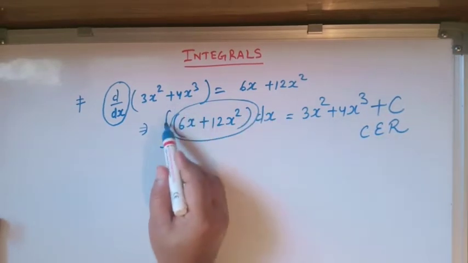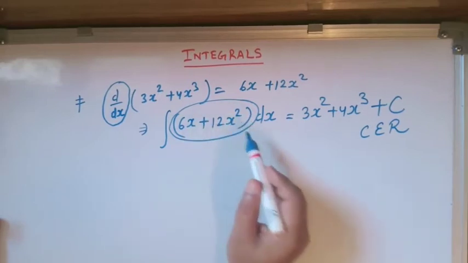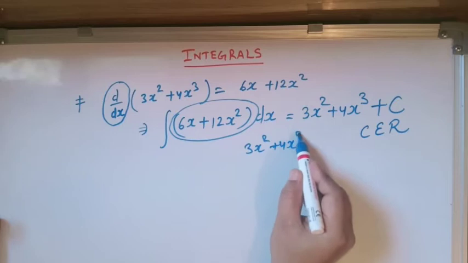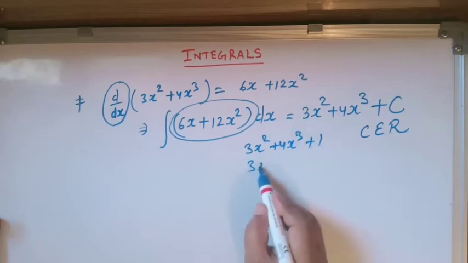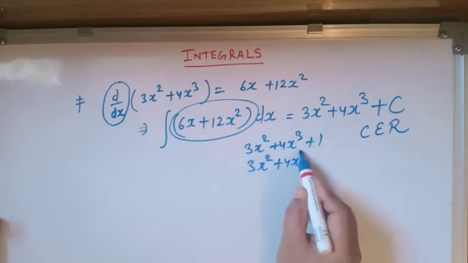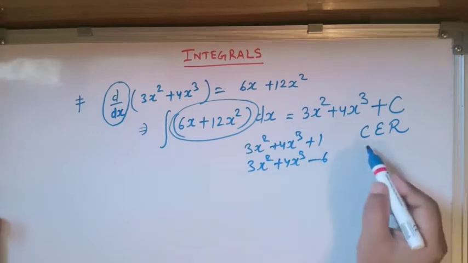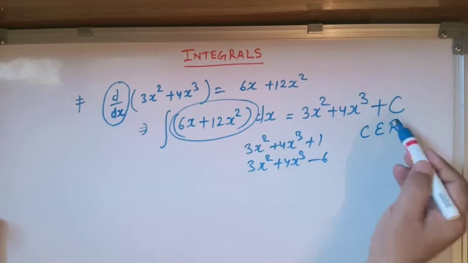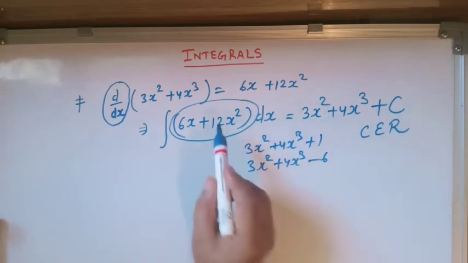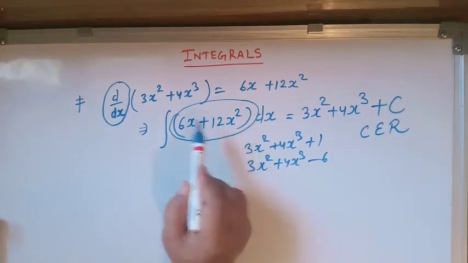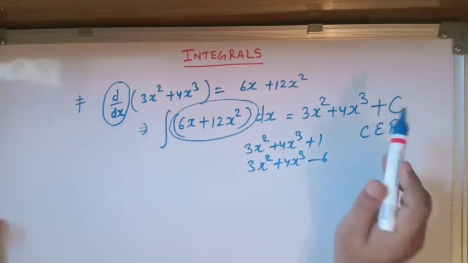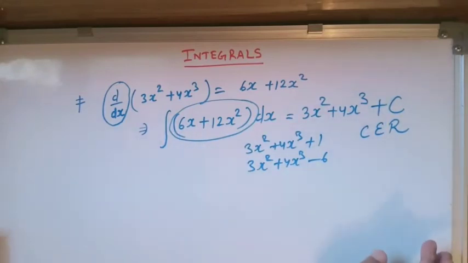So the integral of this may be 3x square plus 4x cube plus 1, or 3x square plus 4x cube minus 6, and so on, and it depends on the value of c, because c can take any value. So this function can have an infinite number of indefinite integrals. Clear?